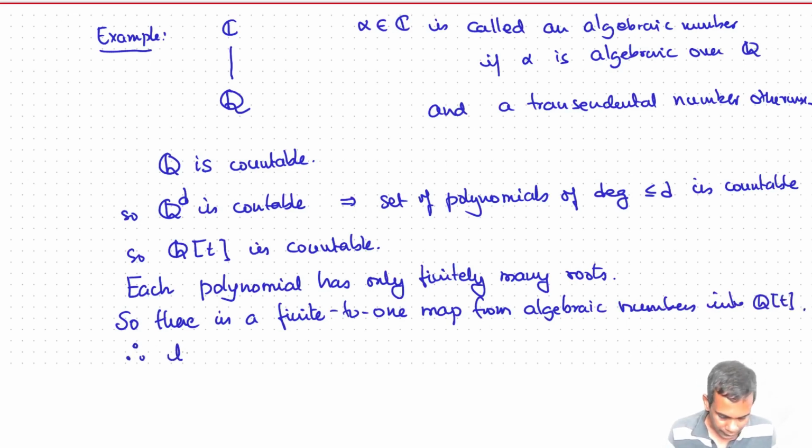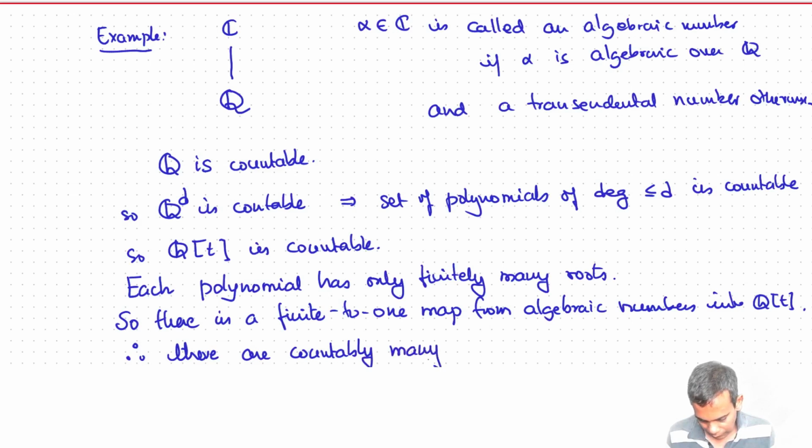Therefore, there are countably many algebraic numbers. And hence, there are uncountably many transcendental numbers, because the complement of a countable set in an uncountable set is still uncountable.